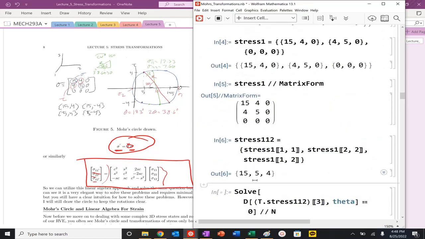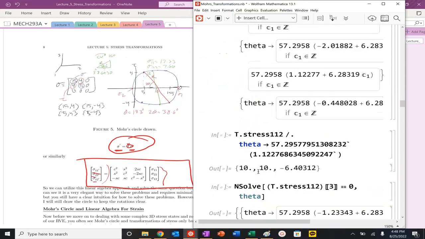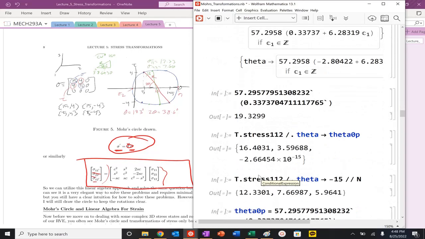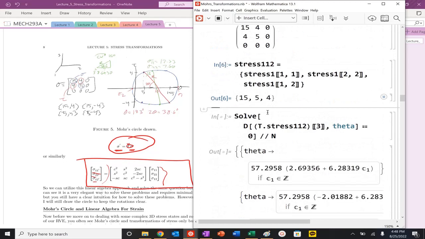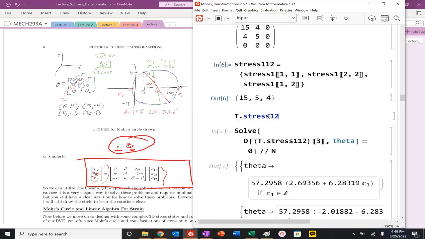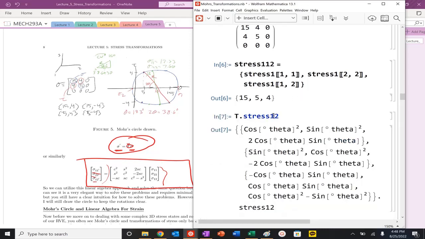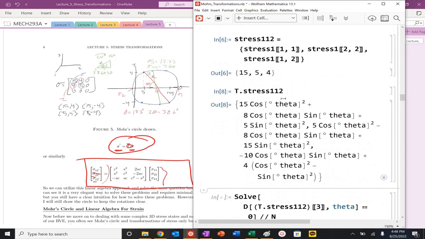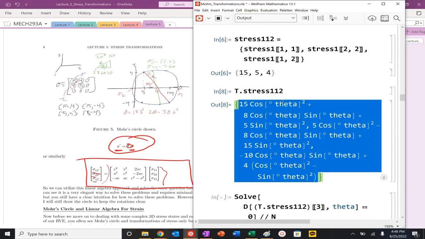Well, we could do this together. If I'm in my principal stress state, that means my new stress state doesn't have any shear stresses. So if I do T dot the stress, you'll see that I have 3 equations here.